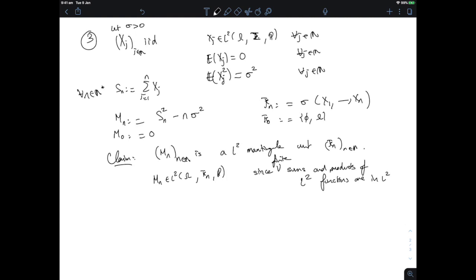So I'm just taking finite sums and finite products to form this square and add these numbers, and importantly, the constant function is in L2 also. Therefore, n times sigma squared, which is a constant random variable, is also in L2.